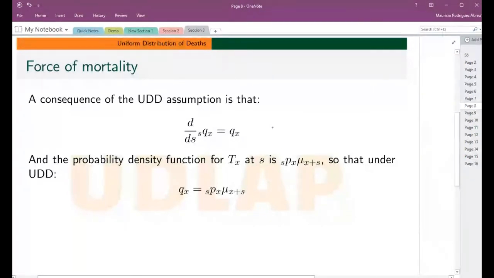Because this sQx is s times qx, and if we take the derivative with respect to s, we just end up with qx. So that's the reason this happens. And we can estimate the probability density function, the density function essentially, which is the probability times the force of mortality at this specific time. Nothing to be worried about.